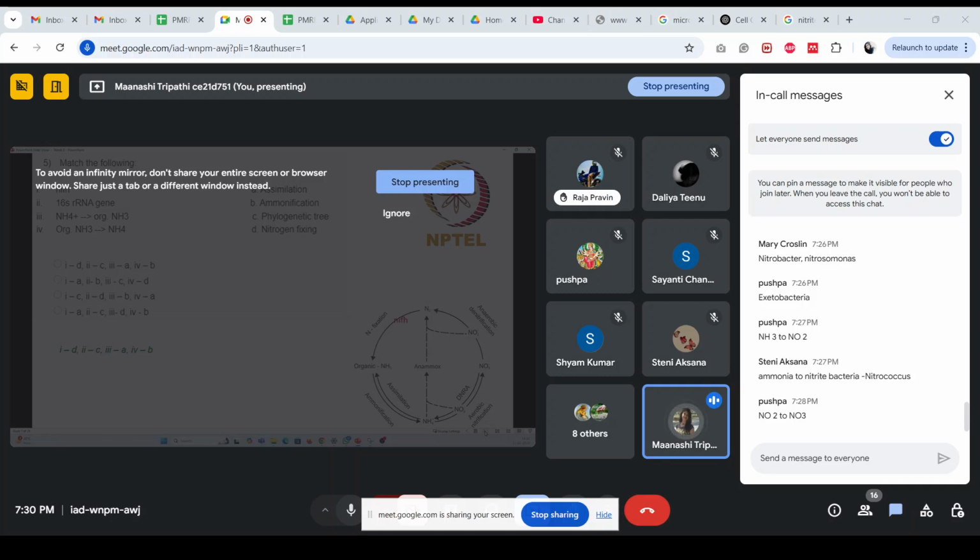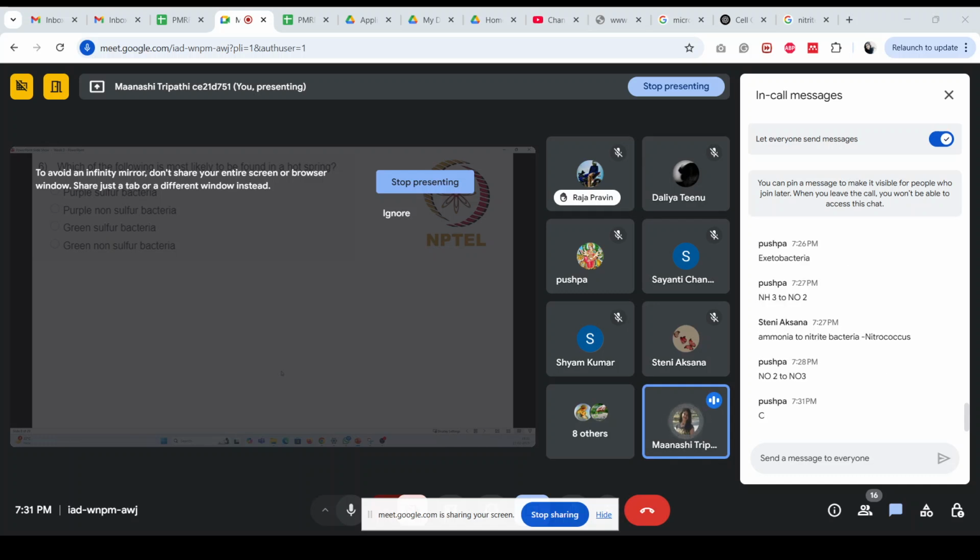I have mentioned here also, for this process nifH is there. Which of the following is most likely to be found in a hot spring? Please answer this question. So is there anyone who can tell me why a hot spring is hot?